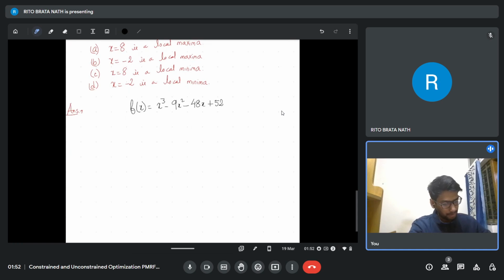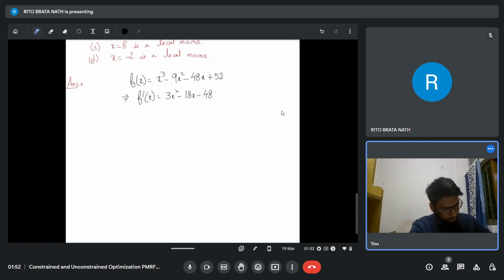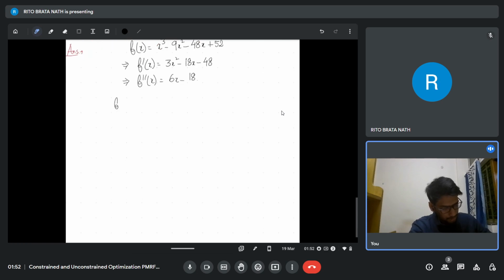So let me evaluate the first and second derivative. The first derivative is 3x squared minus 18x minus 48, and the second derivative is 6x minus 18.